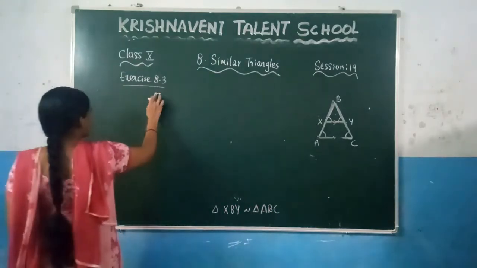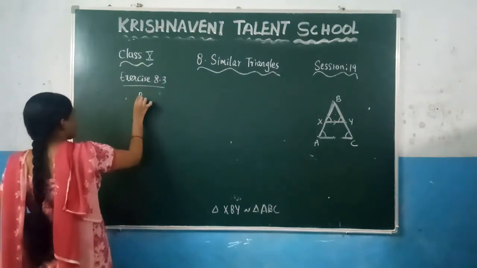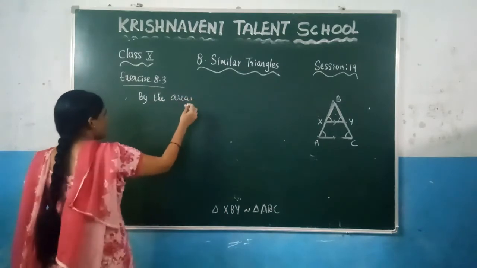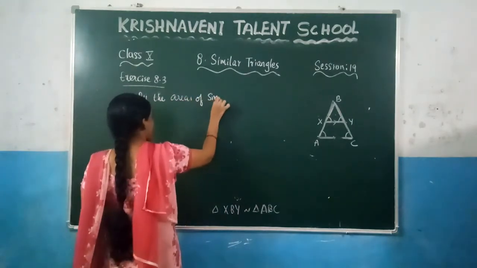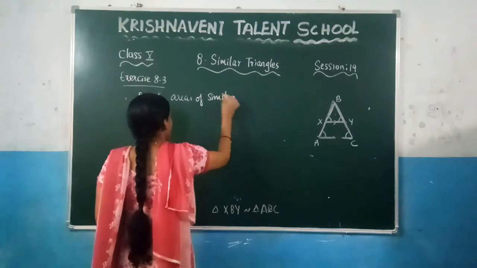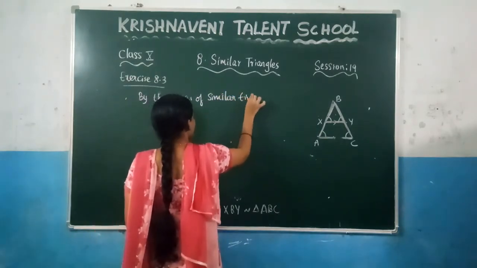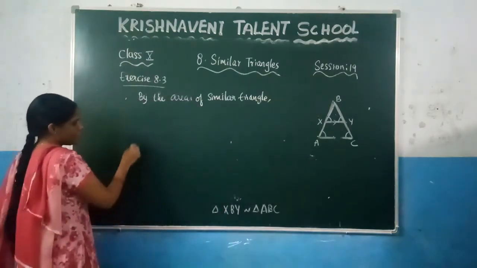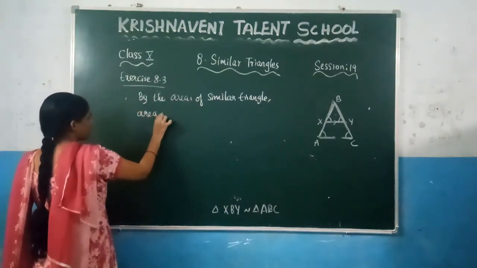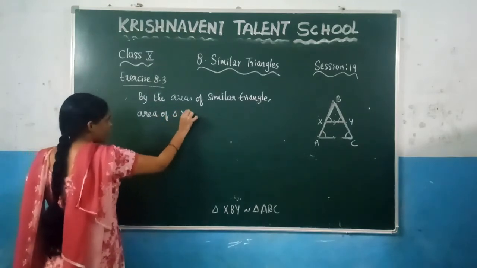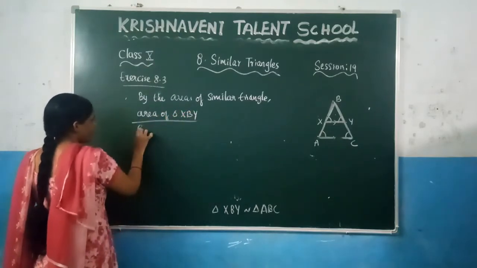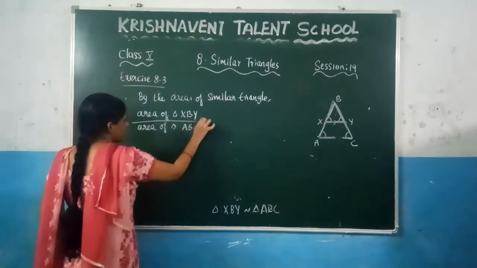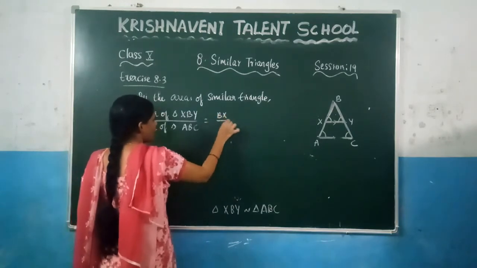Therefore, by the areas of the similar triangle theorem, we can write area of triangle XBY by area of triangle ABC is equal to BX by AB whole square.